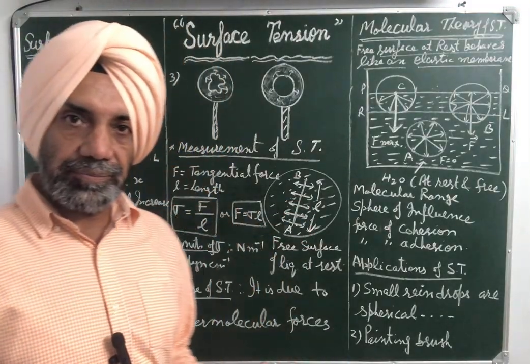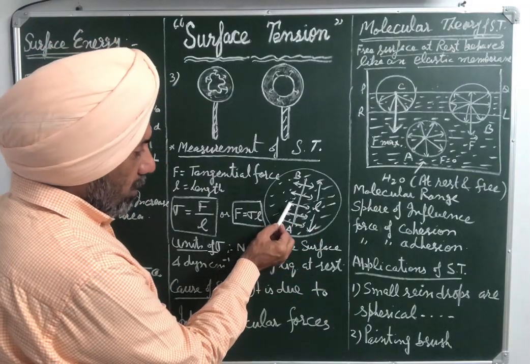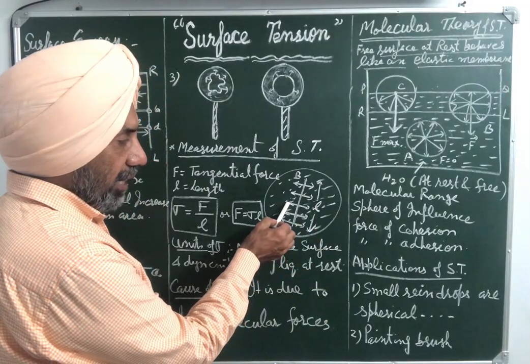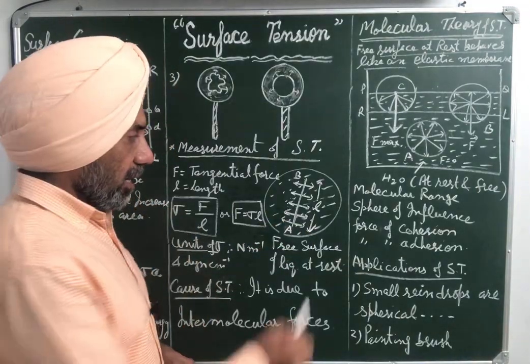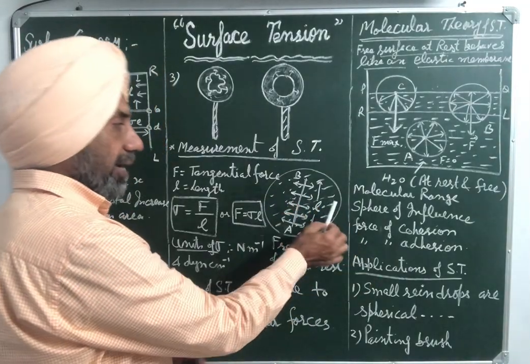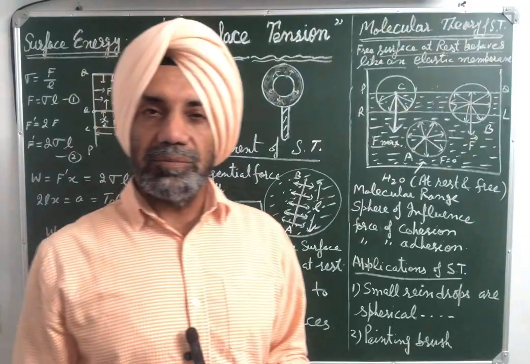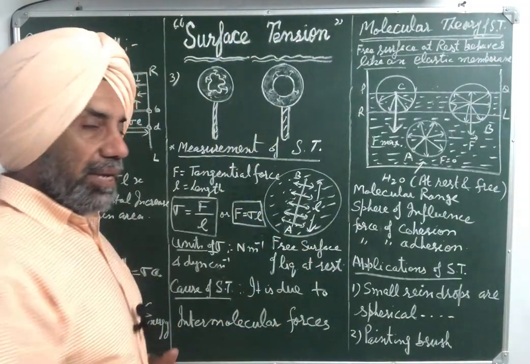We have already proved that due to intermolecular forces, each molecule on the left side of the line attracts molecules on the right side everywhere on this line. It means a tangential force is acting between the molecules on this line AB.